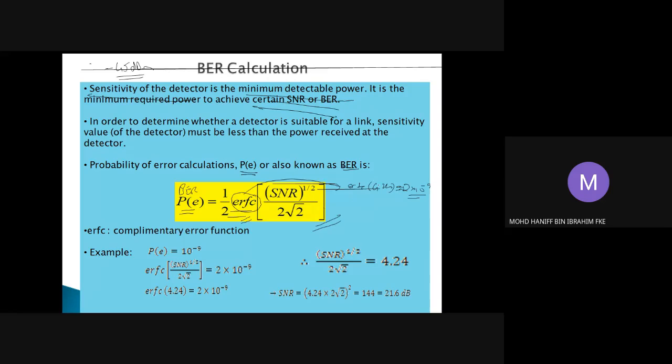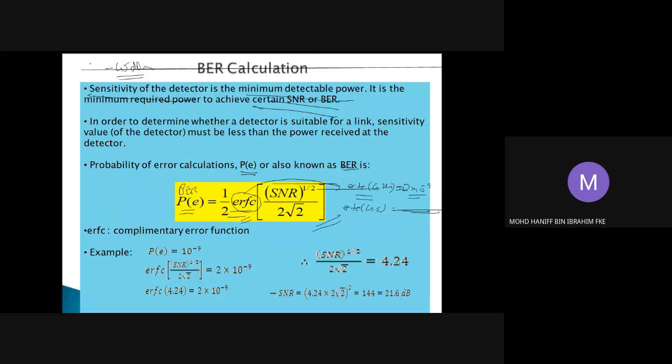You can Google this value, ERFC of 4.24. If you calculate ERFC of 4.5, you're going to get a really different value. So this example shows the relation between the BER and the SNR.